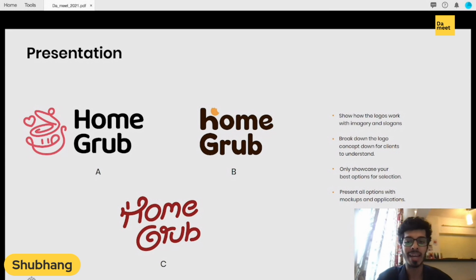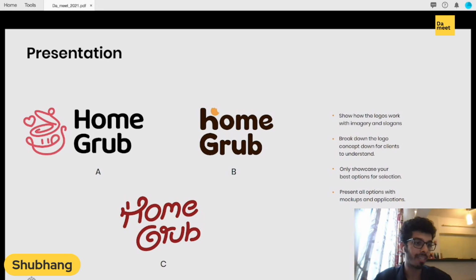And in the last option, home style authenticity was one of the personality points. That is why I kept it maroon, which imbibes that personality point. So I hope that answers the question.